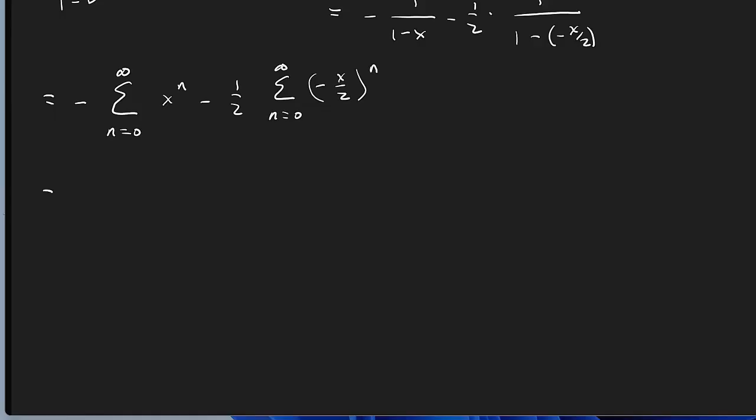So this is going to equal, let's write this as the sum from n equals 0 to infinity of negative x to the n, minus 1/2 times negative x over 2 to the n. All right, so I just put it into one here.